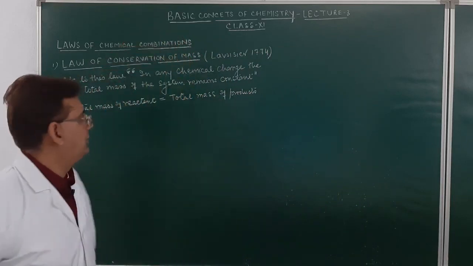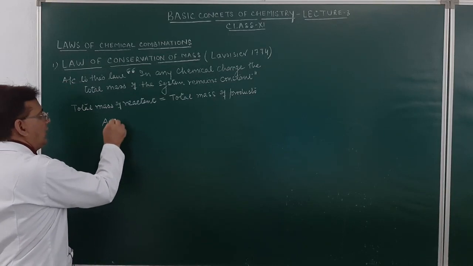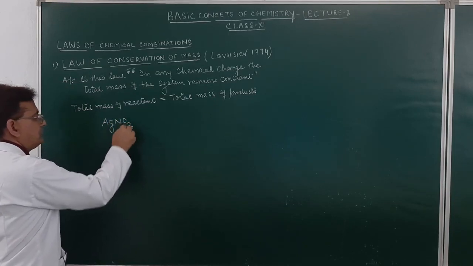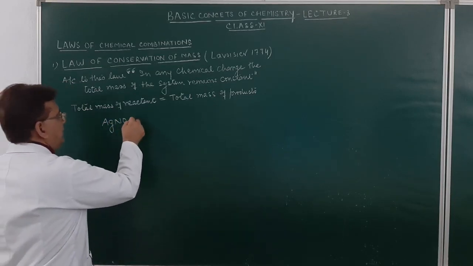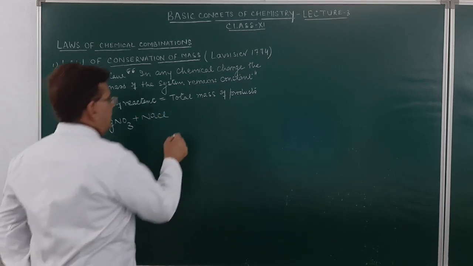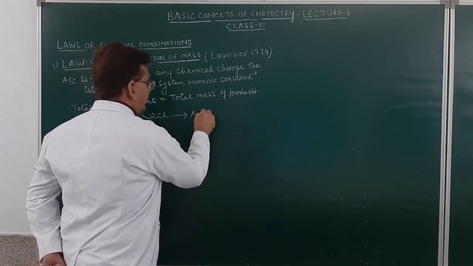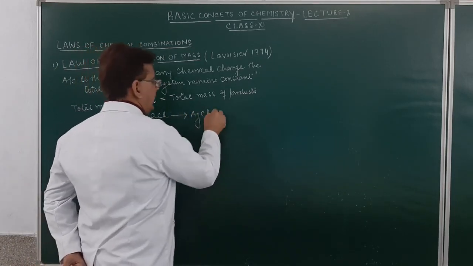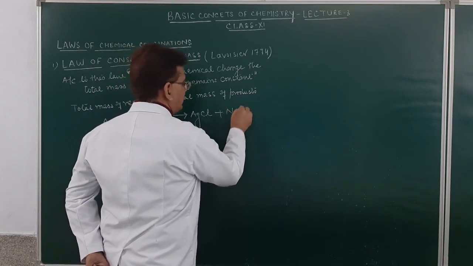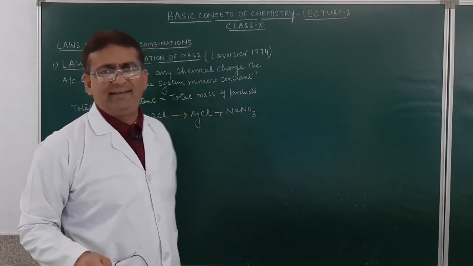Just see over here. If we write it this way, silver nitrate reacts with sodium chloride. What will happen? It will result in the formation of silver chloride, and sodium nitrate will be given out. What does the law of conservation of mass say?